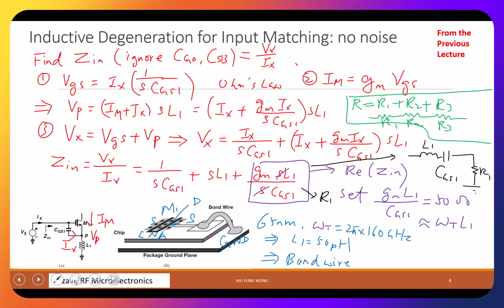I know he is an expert in this area, he can say it right away, but I feel that anyone who is going to do an interview with an RF or whatever company should know this term. That is the basic. Just like if you want to be a device engineer, you should be able to say what is VTH, what is threshold voltage.